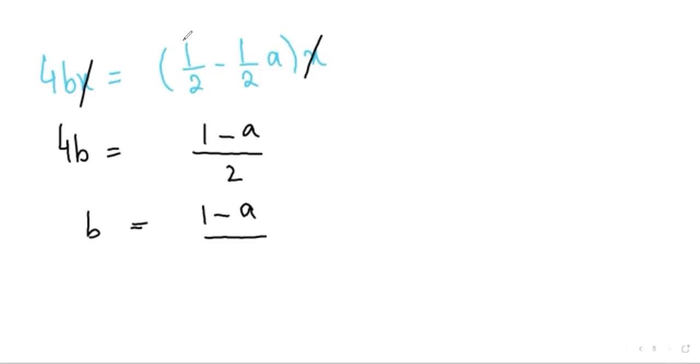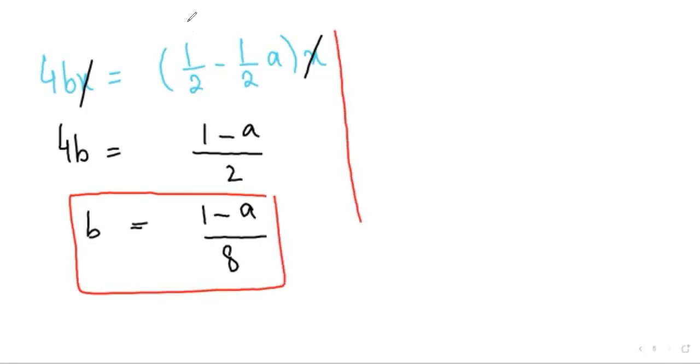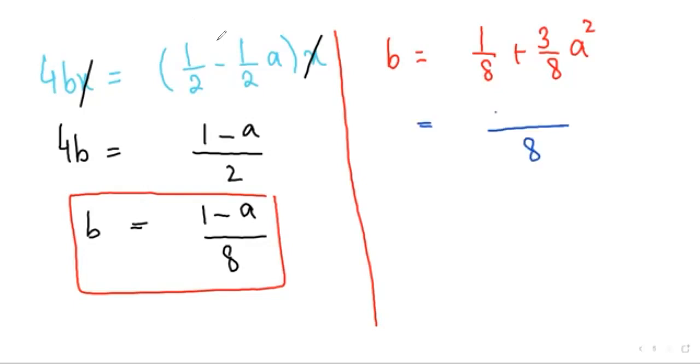I'm going to move this 4 to the right hand side, so it would be 4 times 2 is 8. So this is our b. Now on the right hand side, we know that b is 1 by 8 plus 3 by 8 a squared. We can solve this. 8 would be the LCM. So 1 plus 3a squared, which is equal to b.